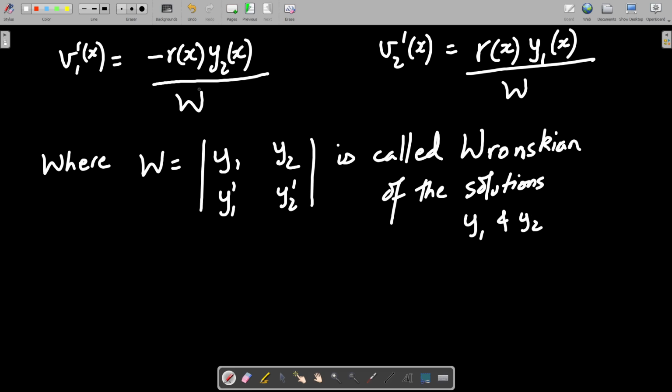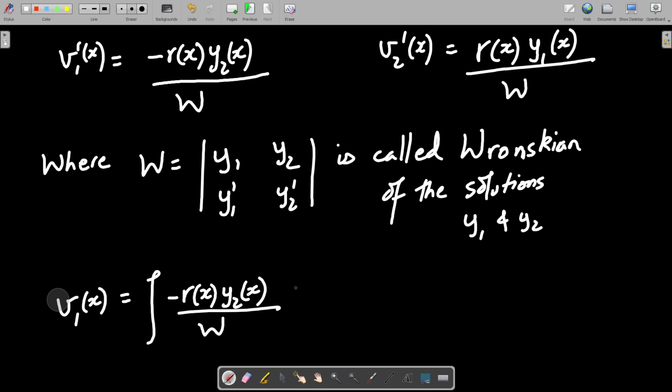I'll give you more details about this tomorrow, but right now we'll finish this thing. So we have that v1 prime is equal to this, so v1 of x is going to be the integral of minus rx y2 of x upon W dx.